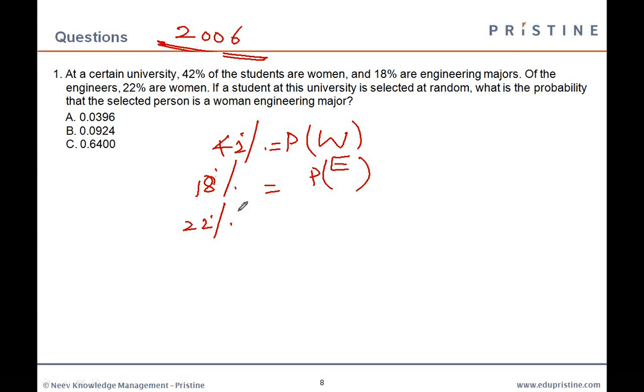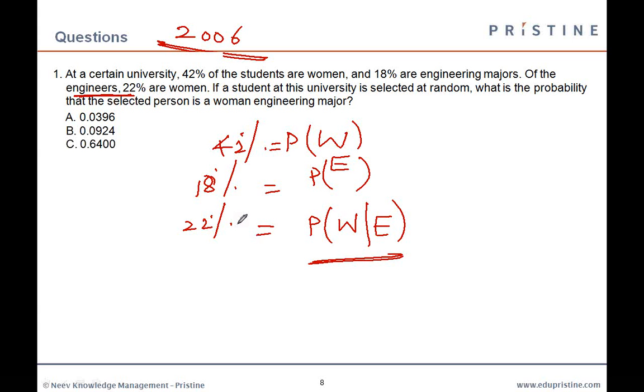What is 22%? Read the question properly. Of all the engineers, 22% are women. So the condition is, if you take a person, given that he or she is already an engineer, the probability that she is a woman is 22%. So this is a conditional probability. That is, the conditional probability of being a woman given that he or she is already an engineer is 22%.